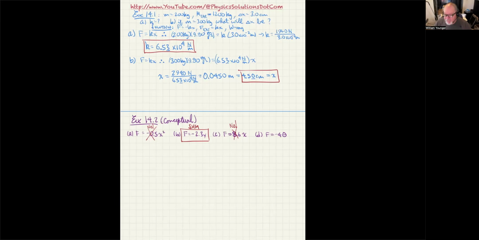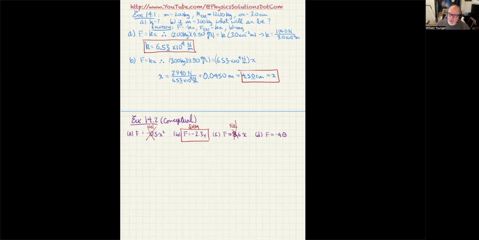Now, if we consider F equals negative 4 times theta, then you could imagine the theta could be, for instance, pi radians. If theta is pi radians, then F is going to be negative 4 pi, basically for the force. So that's actually tending to pull it back to theta equals 0.